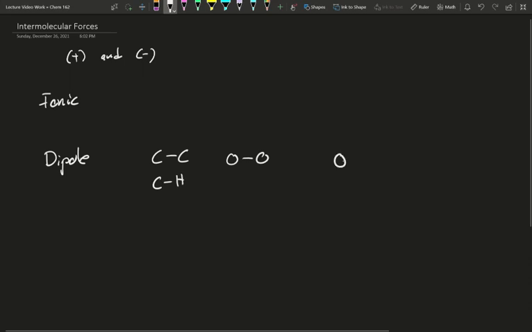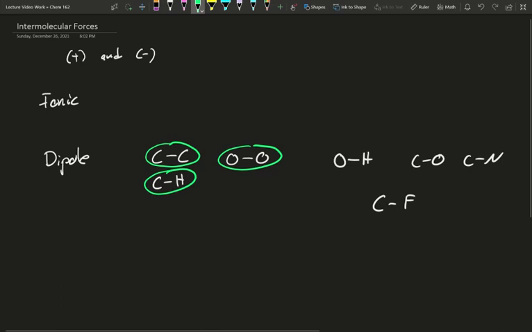However, if you ended up with atoms that were reasonably different, oxygen-hydrogen, carbon-oxygen, carbon-nitrogen, the halides, carbon-fluorine, and the electrons were shared, fairly equivalent things shared those electrons fairly uniformly. But when your electronegativities are reasonably different, the electrons skew towards one of the atoms. The volume of their electron cloud is more polarized. It's more drifted towards one of the atoms.